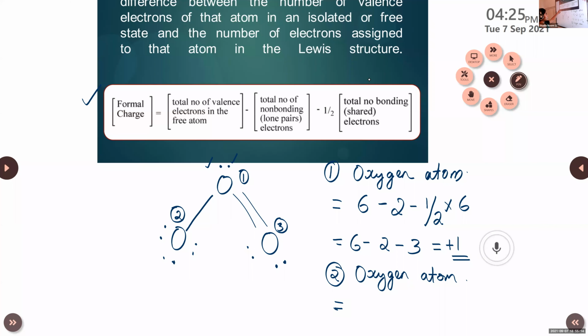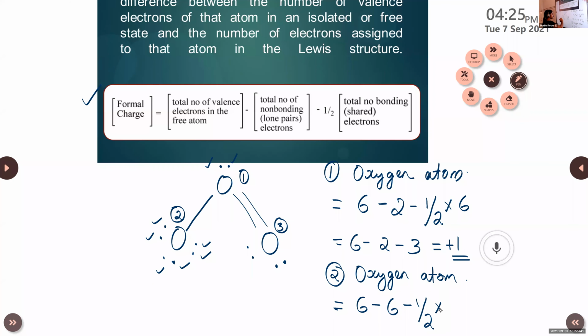So what about the total number of valence electrons in the oxygen atom? Yeah, 6 itself. Then the total number of non-bonding electrons, that means lone pair electrons: 1, 2, 3, 4, 5, 6. 6 dots are there, right? So 6.